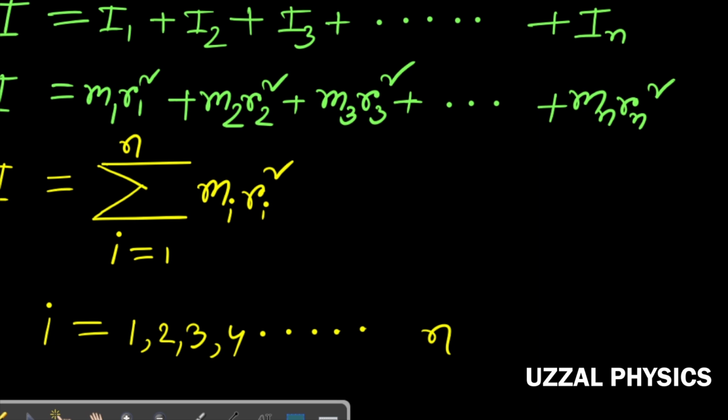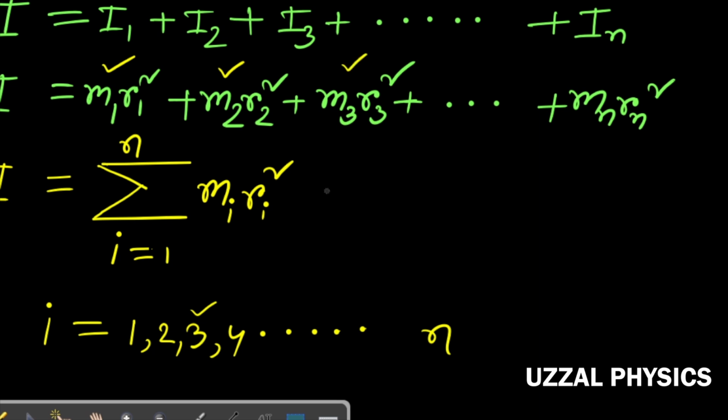If we put the value of i equal to 1, then we get the first term, and if we put i equal to 2, then we get the second term m2 r2 squared, and if we put i equal to 3, then we get the third term.